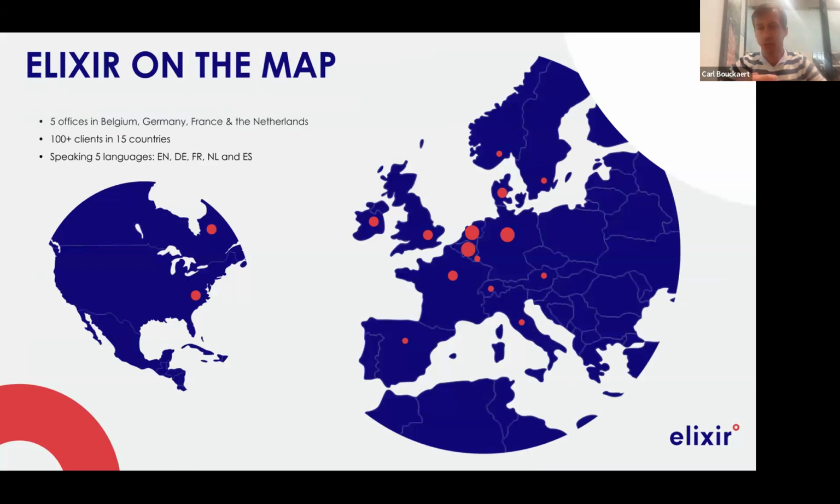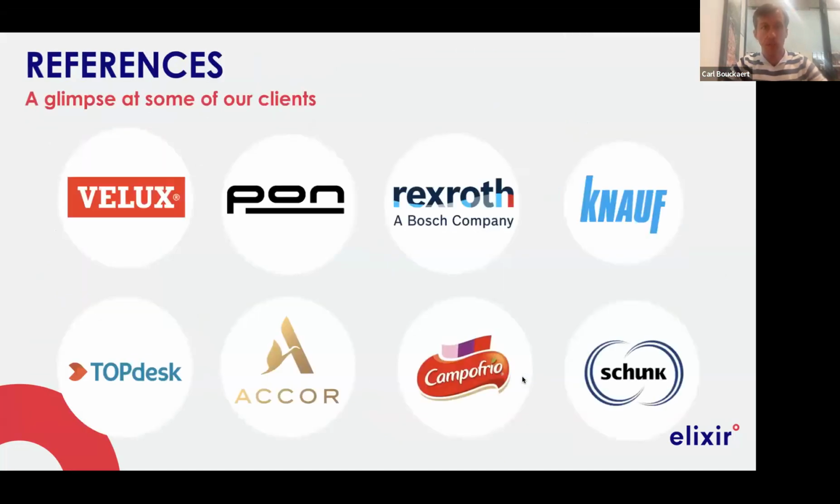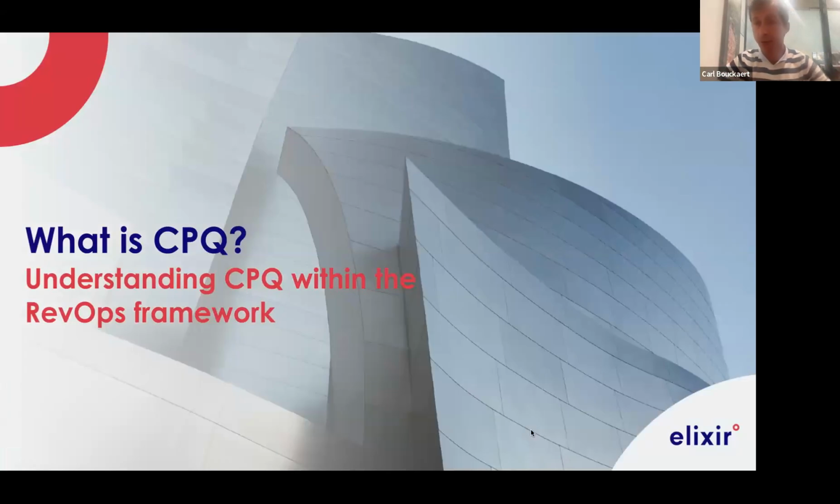We have offices in Brussels, Munich, Cologne, Paris, and Amsterdam, and we speak 5 languages. Here you see some of our customers. We have, of course, much more, but it gives you a bit of an impression of the types of clients we work with today. So this is a small introduction into Elixir.